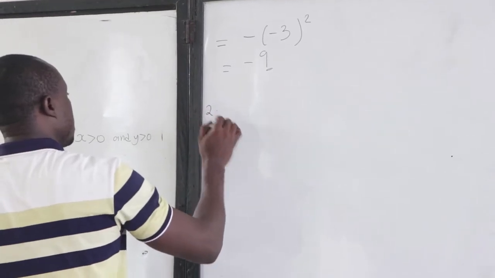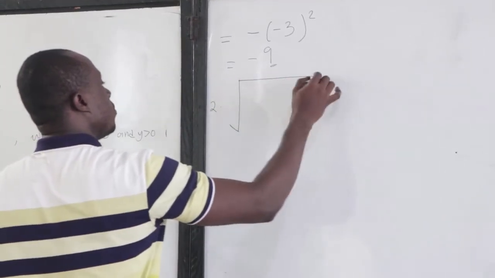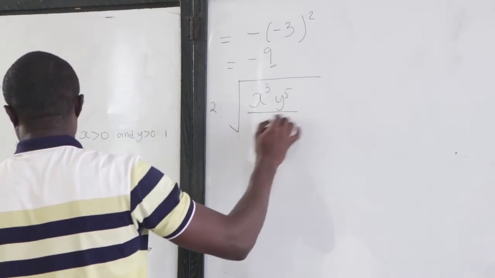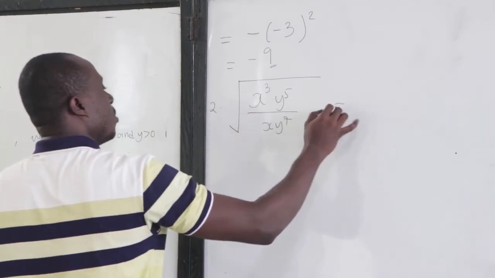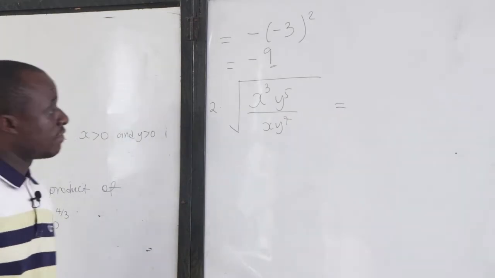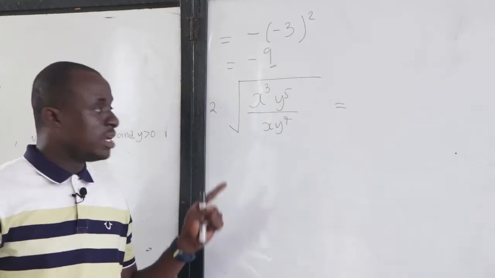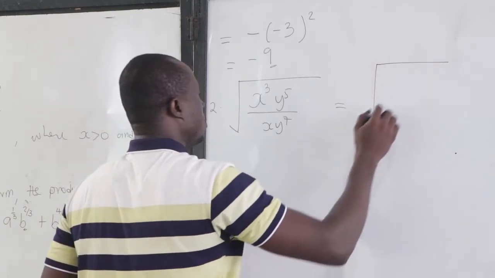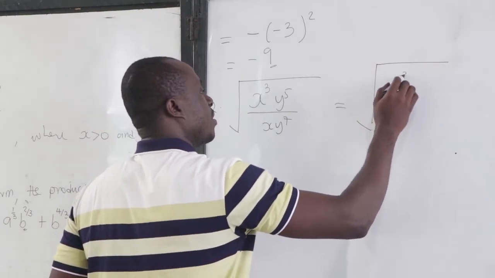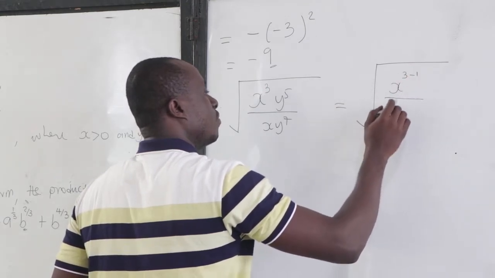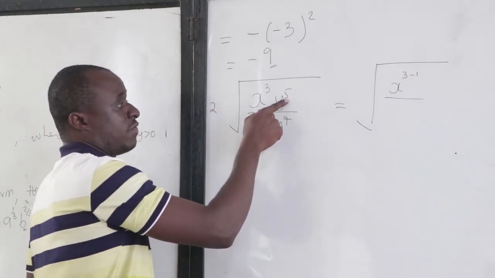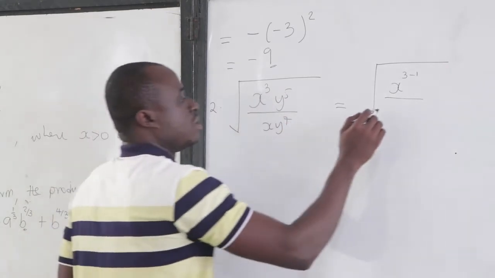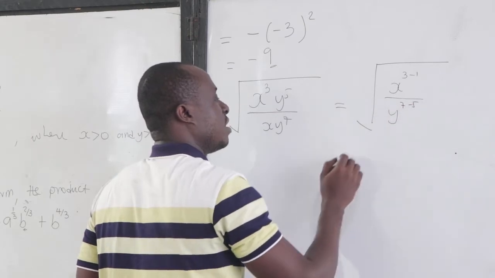Now let's see the second question. We are being told to simplify x to the power 3, y to the power 5 all over x, y all to the power 7. The bases are the same and they're divided, so we subtract. So this is x to the power 3 minus 1, and for y, this is 5 and this is 7, so 7 is greater than 5, so I'll get y to the power 7 minus 5.